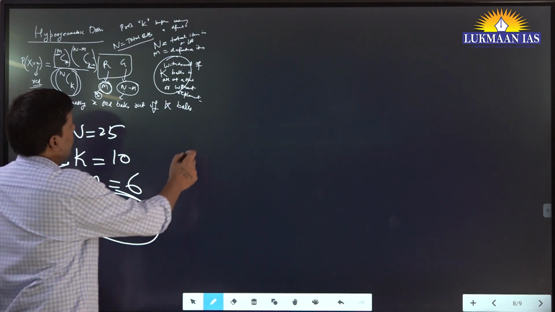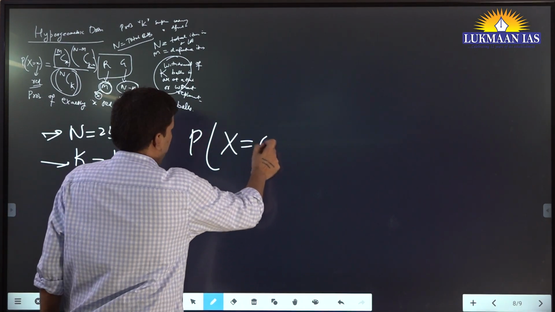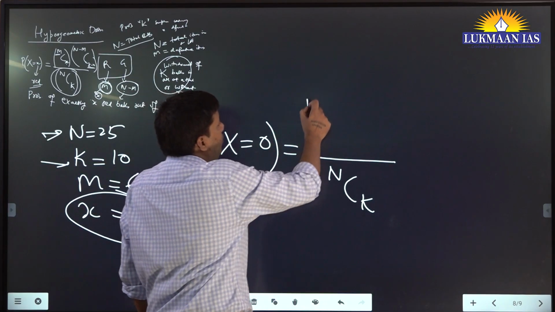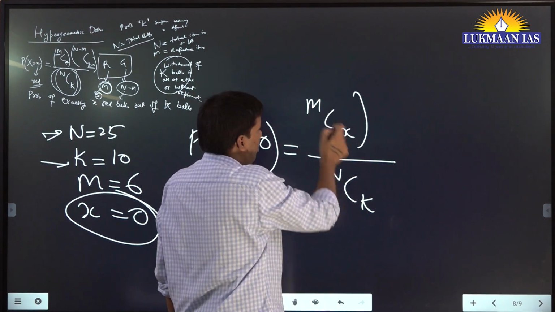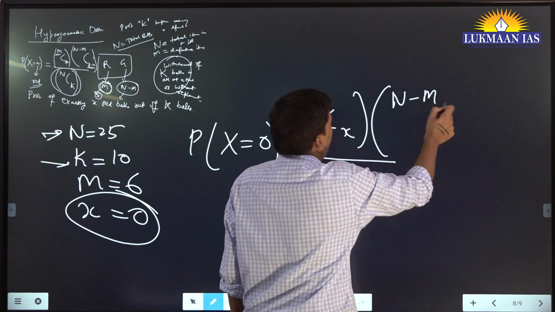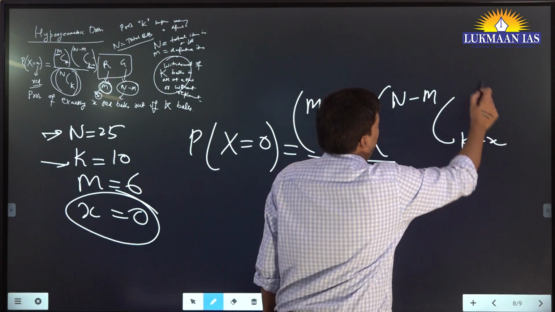You will apply the same formula. Probability of X equal to 0 is equal to, the denominator is N C K, right? It goes sample size. In the numerator, M C X times N minus M C K minus X. Fine.